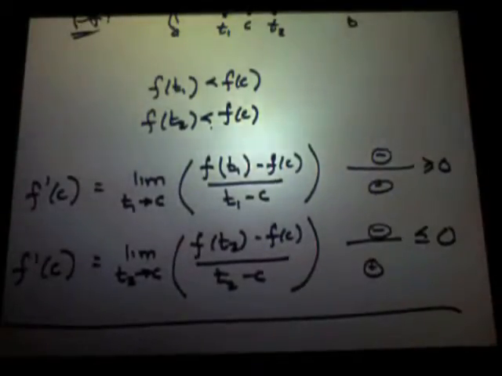If you have a real function defined on a closed interval, three things can happen. The local max and the local min can occur in three different places. Either they occur at the endpoints of the domain of definition, or they occur when the derivative is zero, or they occur when the derivative is not defined.